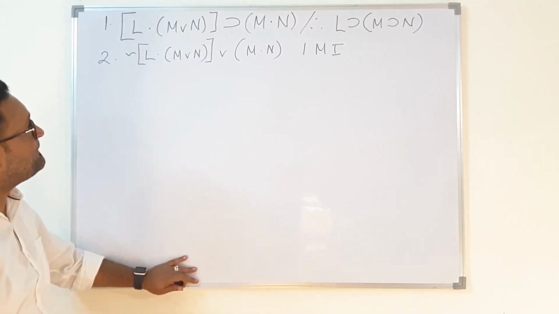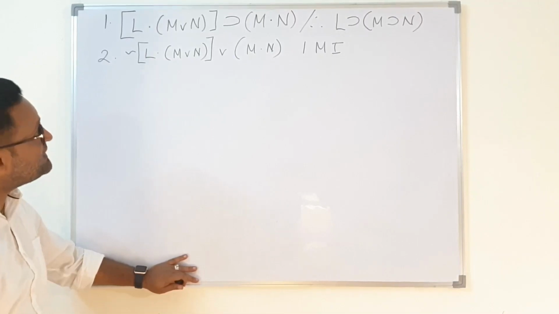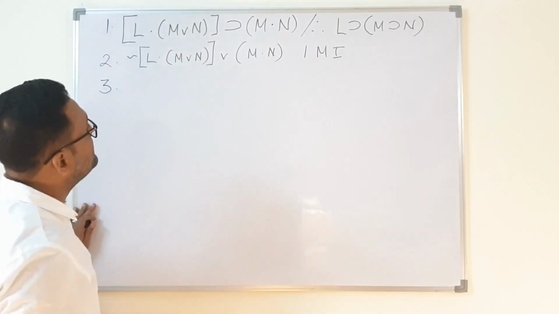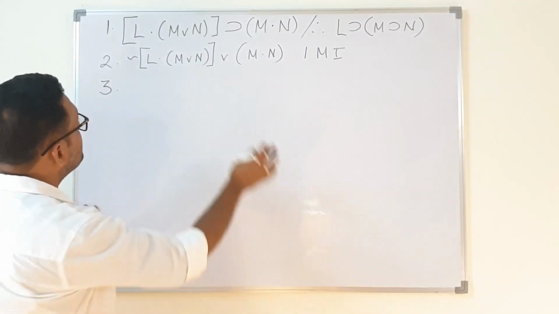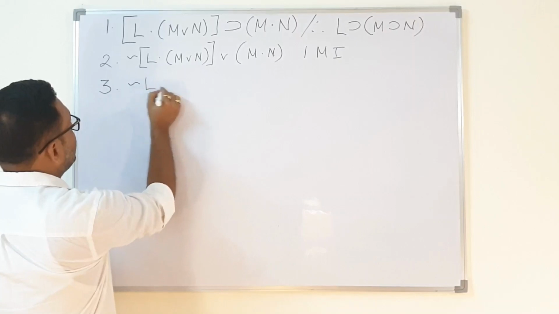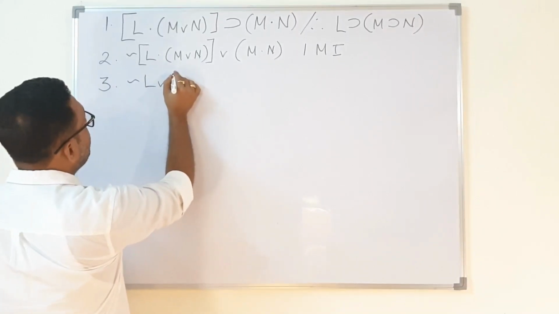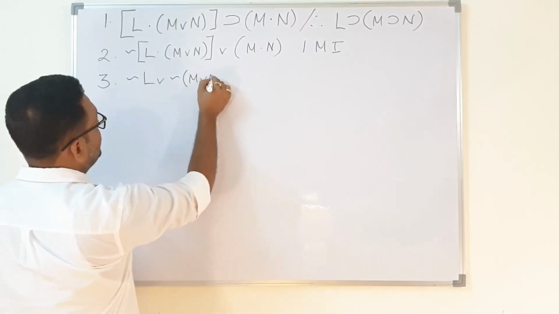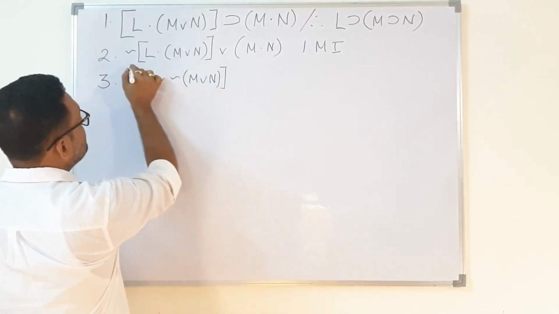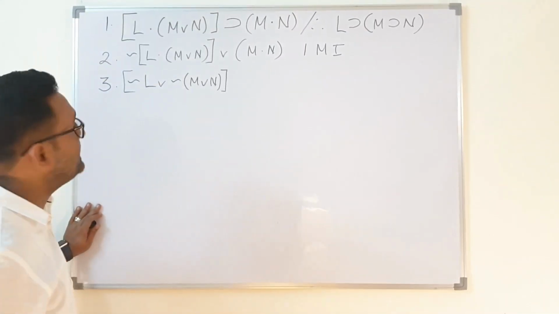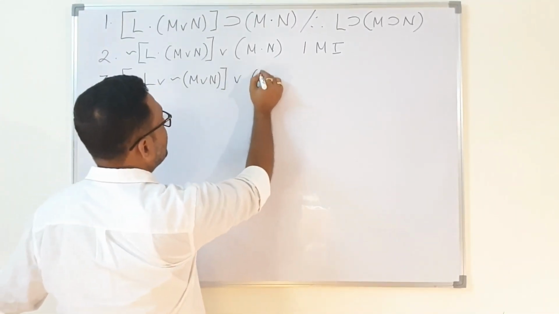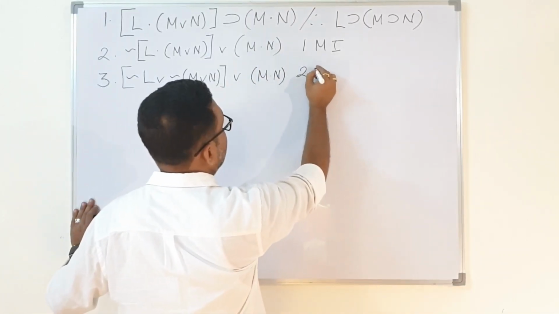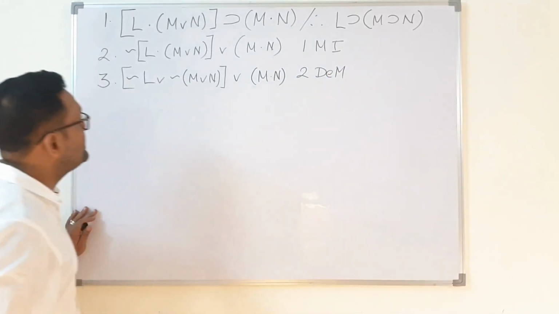Now if we can make something here, so we will get line number 3 as negation of L wedge, negation of m wedge n, right? So once we put the negation inside, this will happen, and here m dot n will stay the same. So this is what we have done on step 2. We have used De Morgan's law, right?